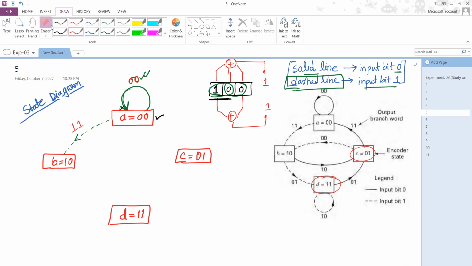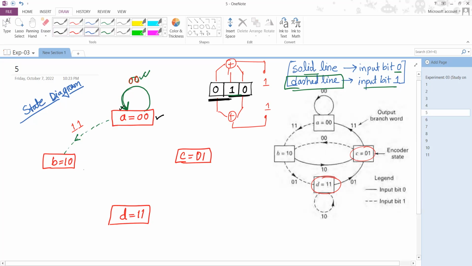Now if we are in state B, that means if we have 1 and 0 here in the present state, again there can be two combinations, either 0 or 1. So if I take 0 first, then our present state is 1, 0, and our next state is 0, 1. That means from 1, 0, it will move to 0, 1.